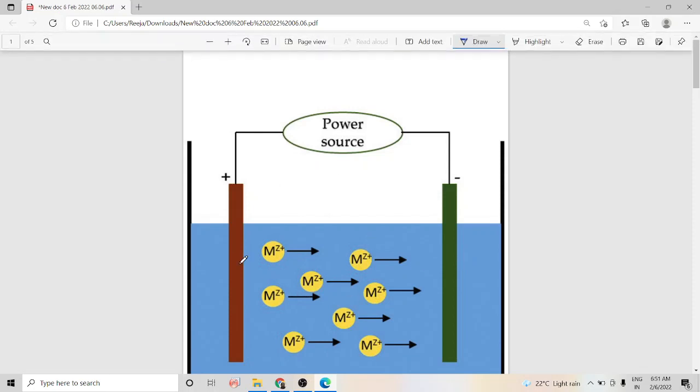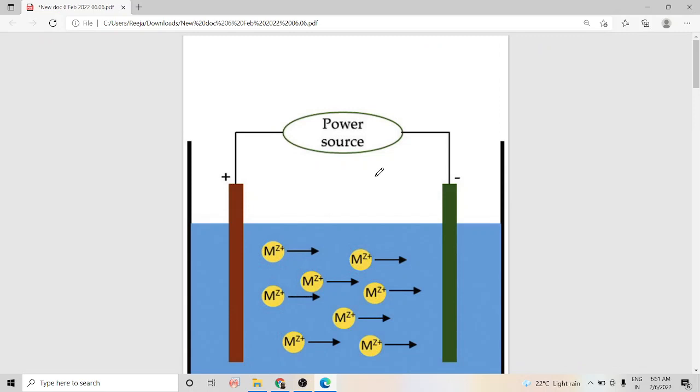Now, this process of electrodeposition has been used since a very long time for the process of electroplating. In electroplating, it is used for coating an electrically conductive material on a non-conducting one, and also for increasing the thickness of undersized parts.